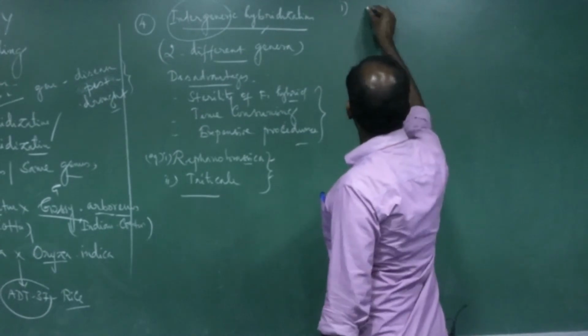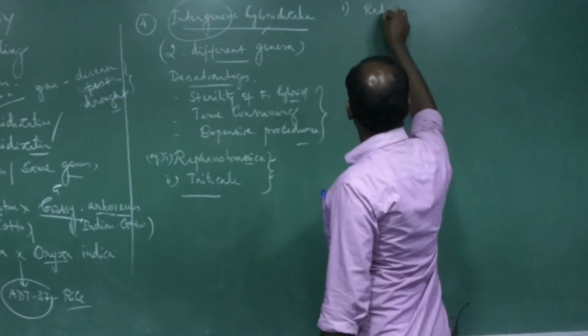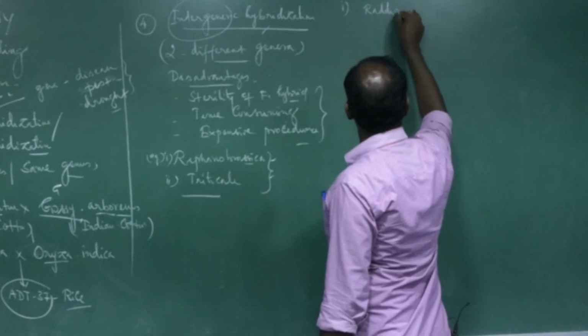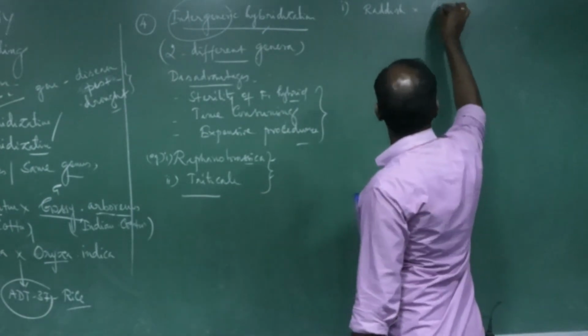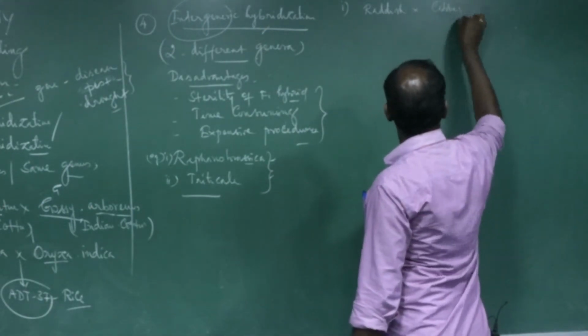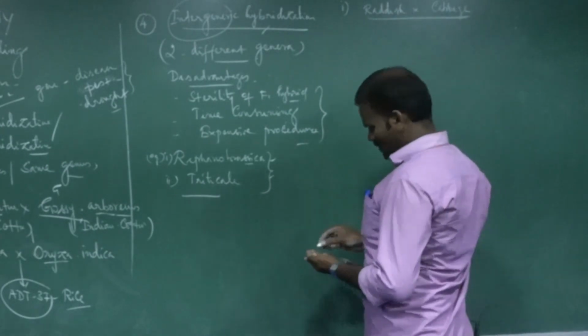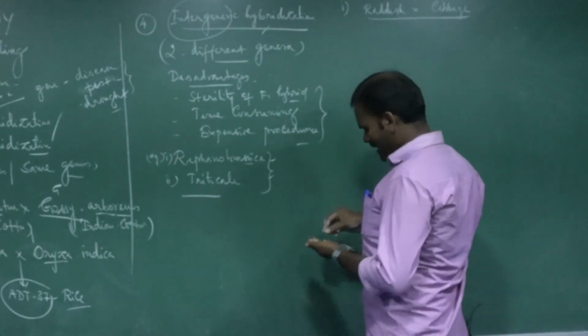First example, radish is crossed with cabbage. What is the binomial of radish?